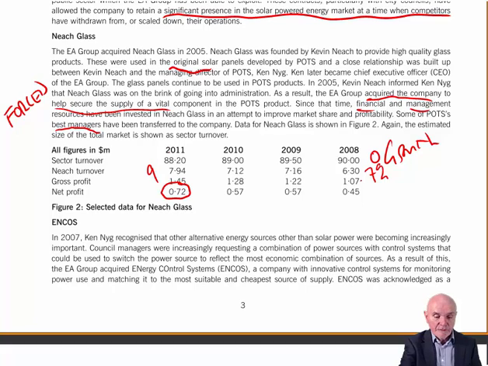So the gross profit percentage in here, 1.07 divided by 6.3. So we've got about 17% gross profit percentage there.